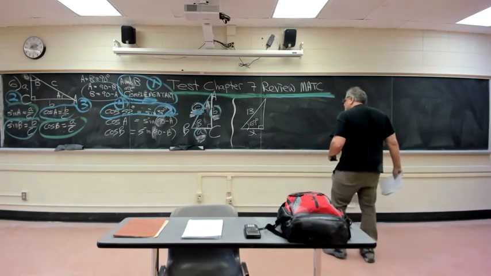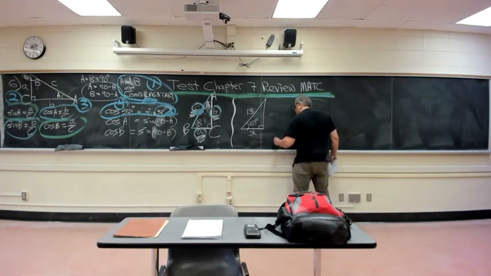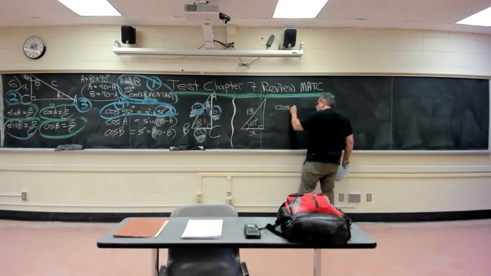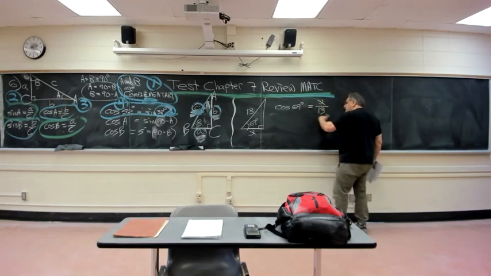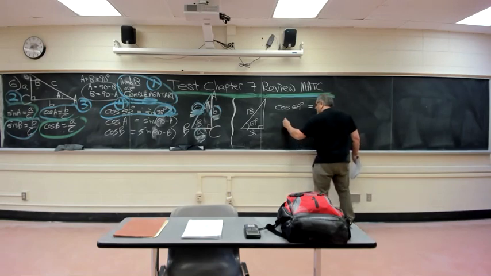Tell you what I'm going to do. Is it true that the cosine of 69 degrees, whatever it may be, is equal to the adjacent over the hypotenuse? If these two things are equal, what do you say you multiply by 13 on each side?